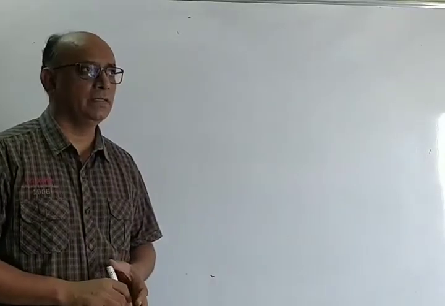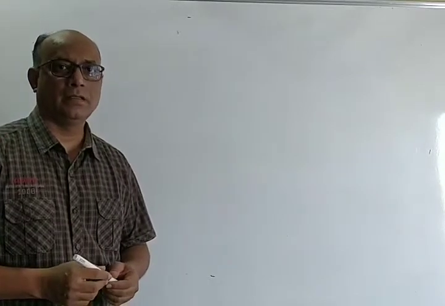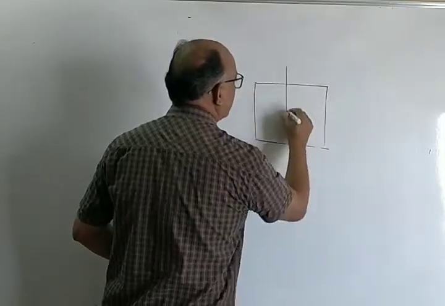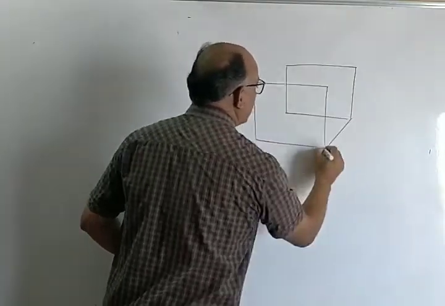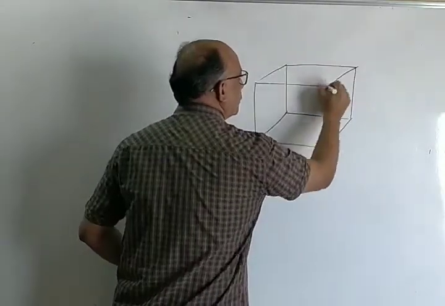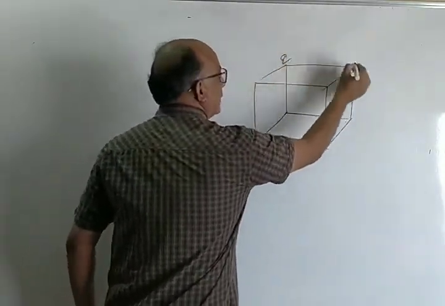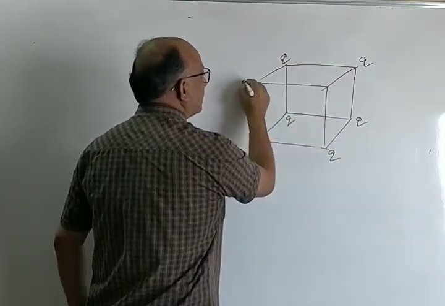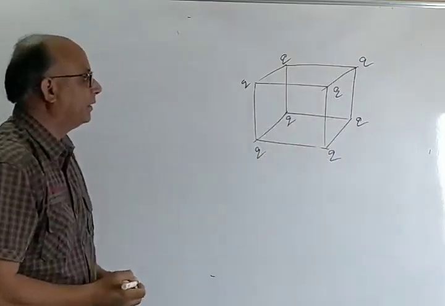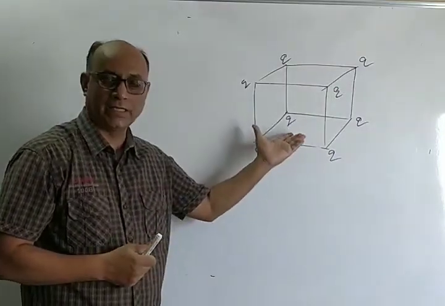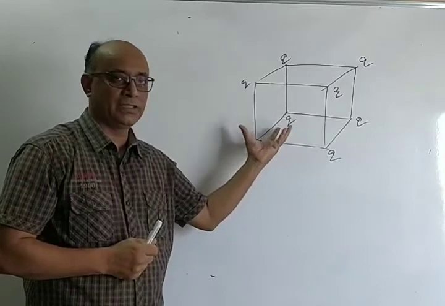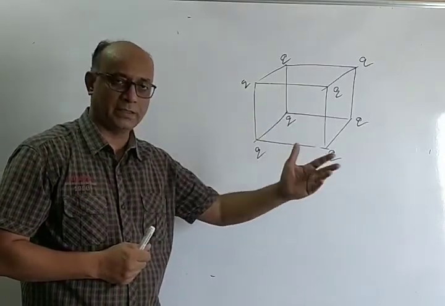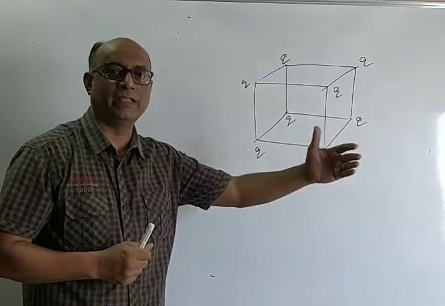Let us take an interesting example. There is a cube. Cube means all the sides are the same, and each corner of the cube is carrying a charge Q. Everywhere the charge Q is placed. Naturally, when there are a total of 8 charges, if you want to assemble this situation, bring the first charge, then bring the second charge, then the third charge, and continue up to the 8th charge.